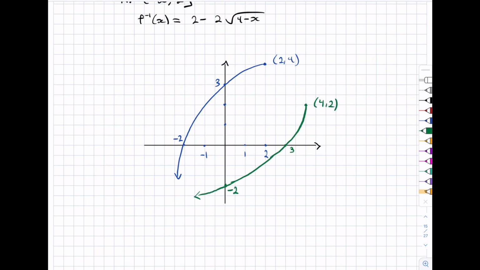Okay. Now, you may or may not be drawing this on the same graph. I think it's a bit too much to ask you to draw on the same graph, and they haven't specifically asked you to. But if you had the time and you wanted to show the reflective nature, it might not be a bad idea to draw in the original as well, and then draw in the line y equals x, which is something like this, to give you that symmetry across the line y equals x.